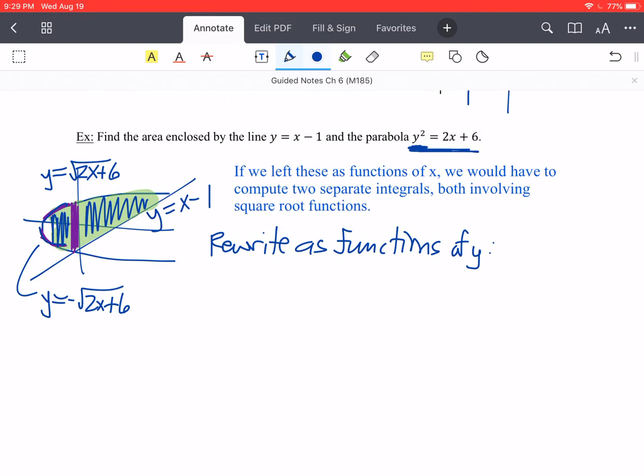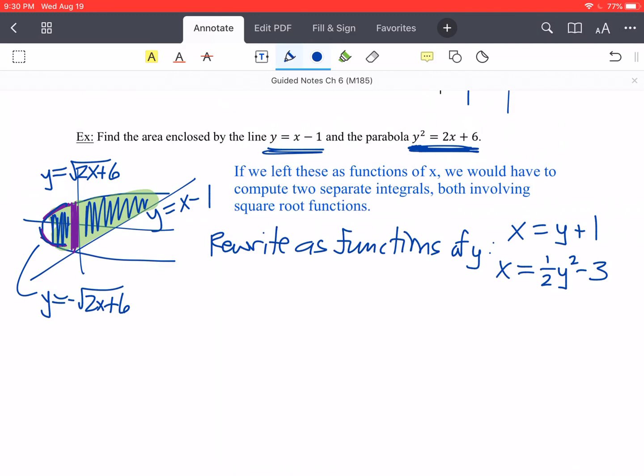Okay, so the first one, we have y equals x minus 1, so rewrite that as a function of y. That's going to be x equals y plus 1. And then the second one, the parabola, we solve it for x. That actually makes it a little bit nicer to look at. Rather than the square root, x equals 1/2 y squared minus 3.